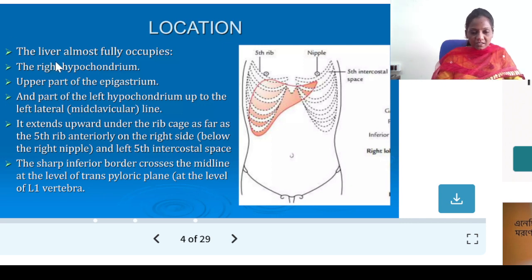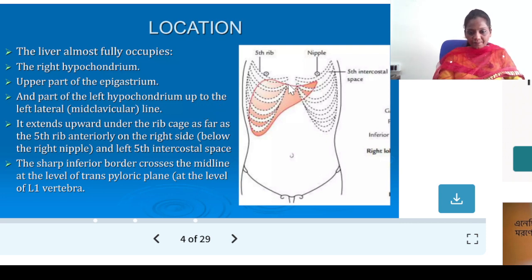The liver almost fully occupies the right hypochondrium, the upper part of the epigastric region, and part of the left hypochondrium up to the left lateral line.